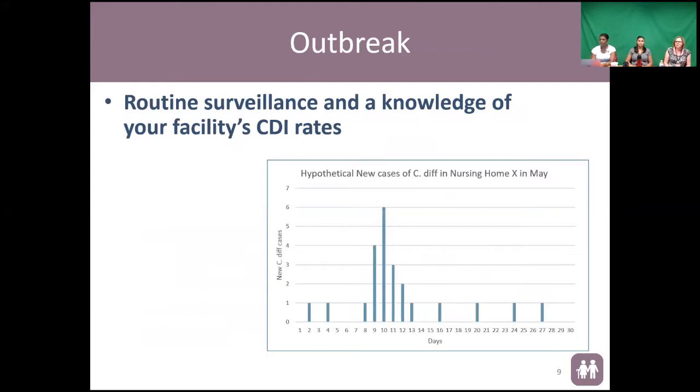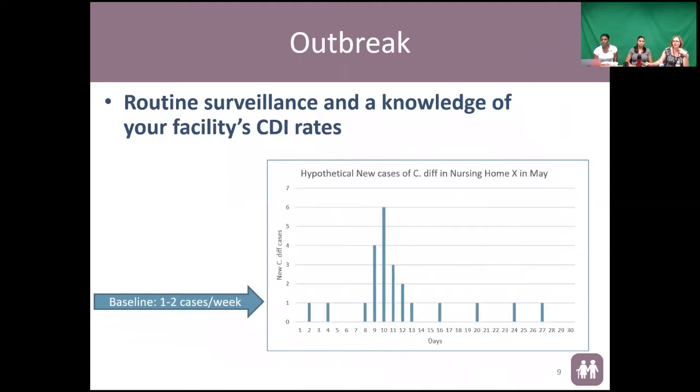So in the absence of national benchmark standards for long-term care settings, determining whether there is an outbreak draws upon the routine surveillance data. And here is a hypothetical case. This is a graph that shows the new cases of C. diff infection in a nursing home X in May.